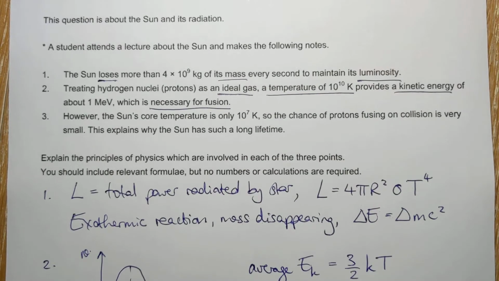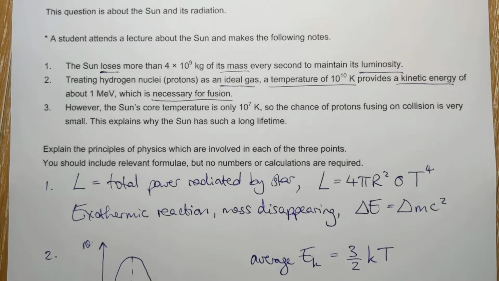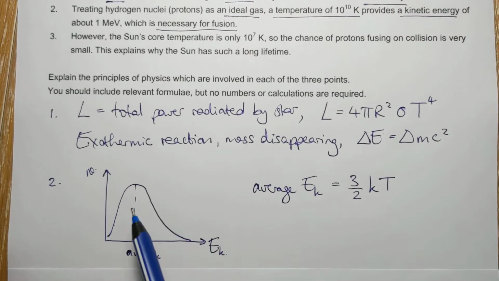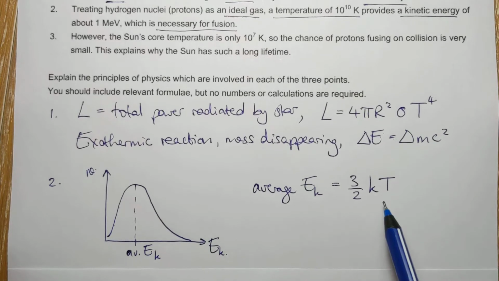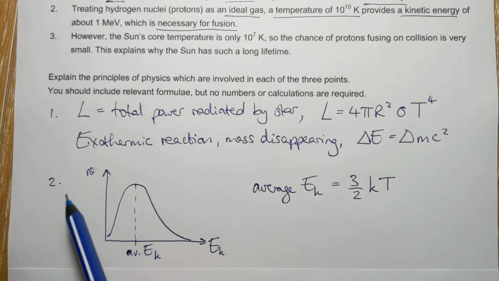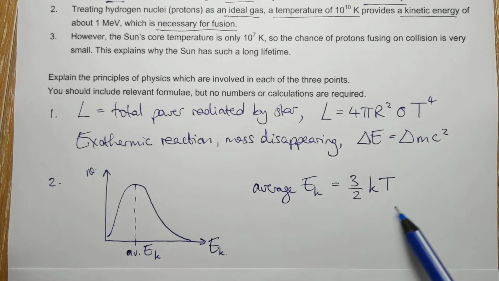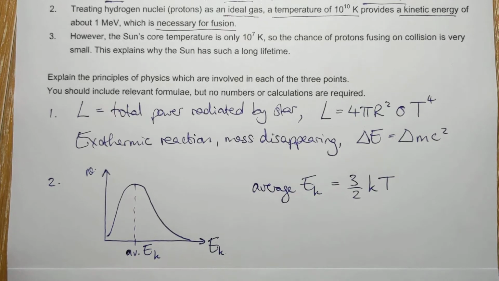We know that the kinetic energy of particles in a gas, they don't all have the same kinetic energy. There's going to be a distribution, and it's the average kinetic energy of those particles that is related to the temperature. So I can explain this graph and I can add that formula in.